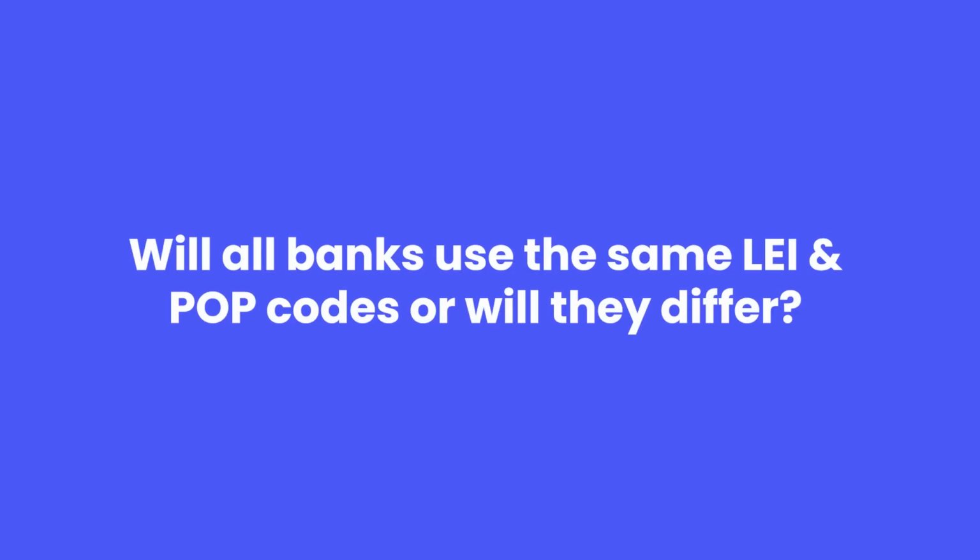So will all banks use the same LEI and POP codes, or will they differ? They're going to differ by bank. There are actually different layers. Each country has its own view of what purpose of payment codes it wants to use and how it wants to approach the process of legal entity identification, so that's at a country level, depending on where you're sending the money to.